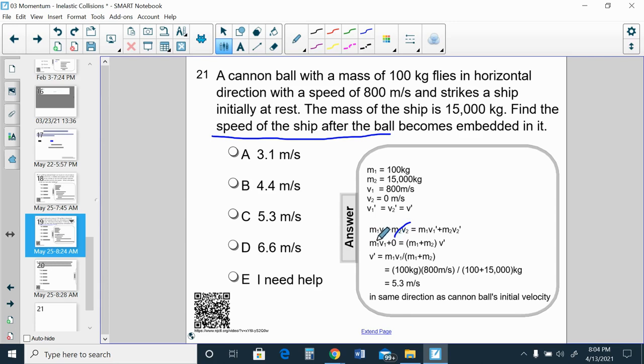Add that to the momentum of object 1, and that would be equal to the after momentum of the system. Rearrange, divide by m1 plus m2 on both sides to solve for velocity after, and you end up with 5.3 meters per second in the same direction as the cannonball's initial velocity.